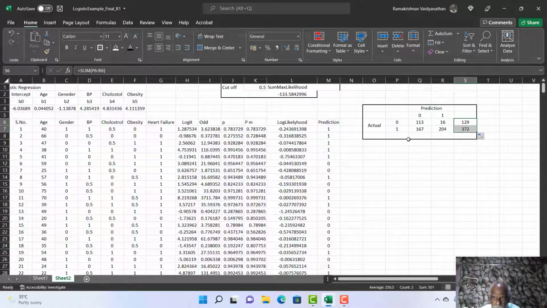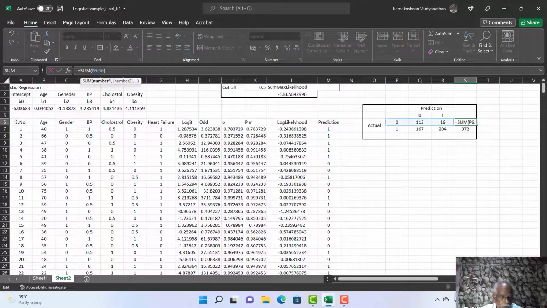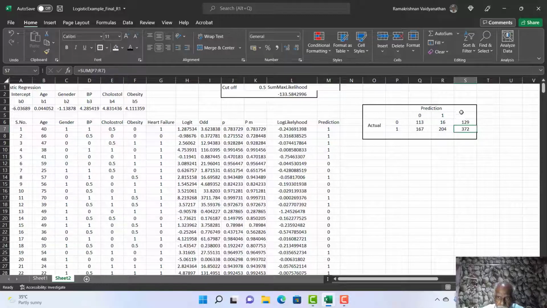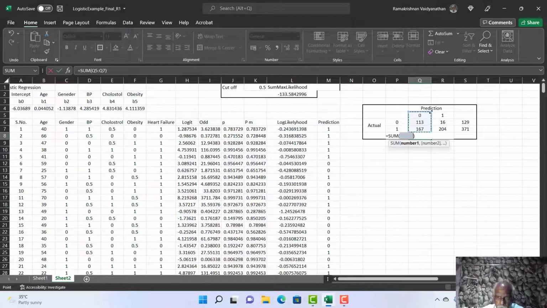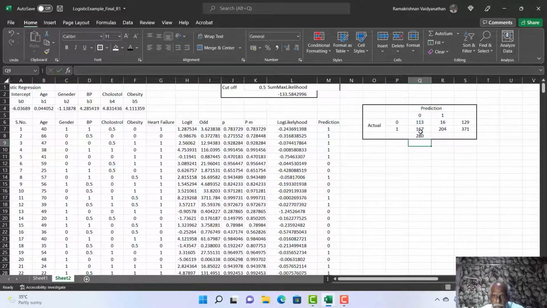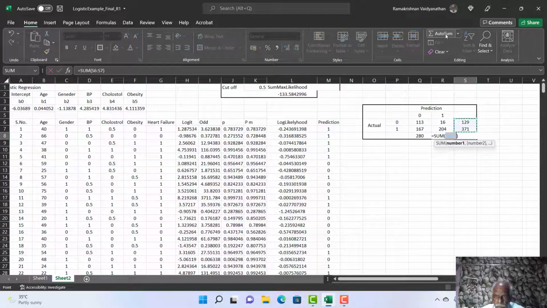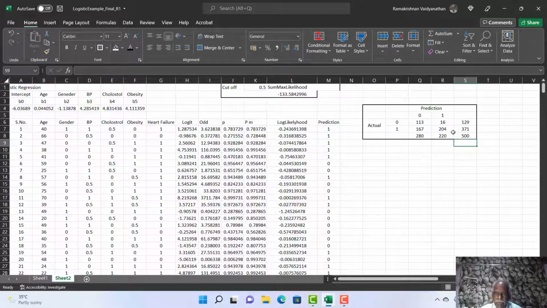Here also enter. Then I will make a change: here it is P7, not P7, Q6. It is Q6, that 0 should not be added. Now I will just copy it. Similarly here, auto sum, that 0 should not be added, right? Then I will copy it here and auto sum here, so it will tally to 500.